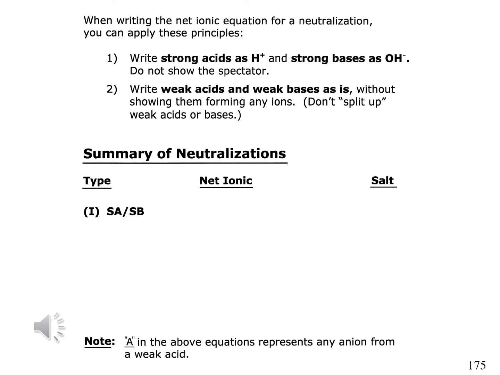Those two-step cycle problems kind of look complicated, and you don't really need to be able to analyze all that in order to write net ionic equations for these neutralizations.